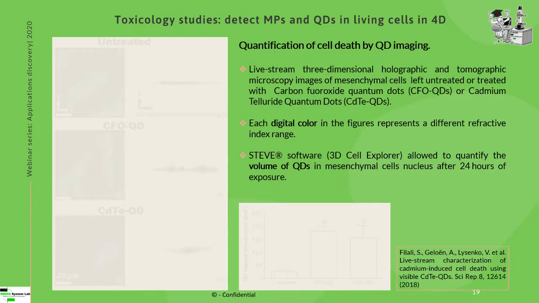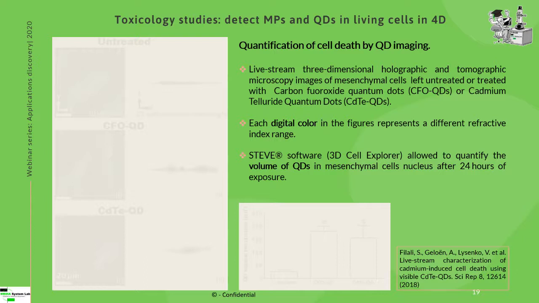And here the researchers make also a step further, not only indicating where these particles are going to accumulate, but also try to analyze how much of them is going to accumulate in the nucleus. So they use the pseudocolors using Steve software. So they gave pseudocolor to the membrane, to the cytoplasm, and then to the nucleus.